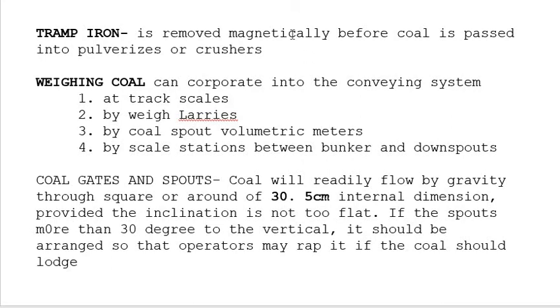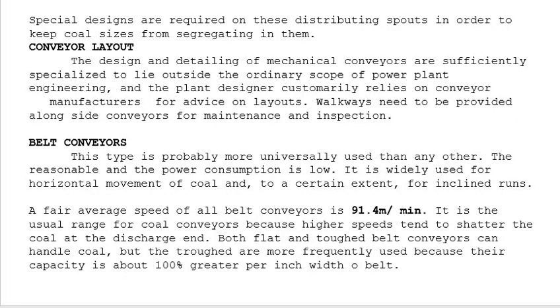If the spout is more than 30 degrees to the vertical, it should be arranged so that the operators may rap it if the coal should lodge. Next, special designs are required on these distributing spouts in order to keep the coal sizes from segregating in them.